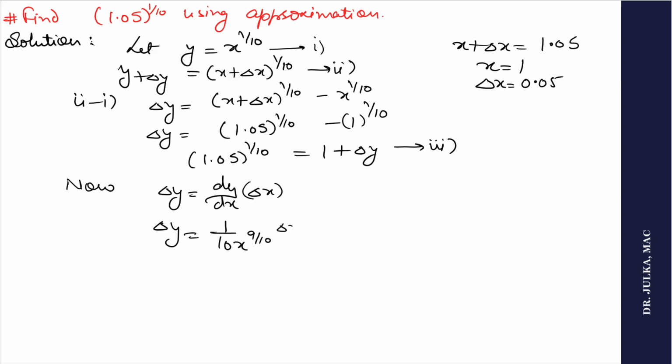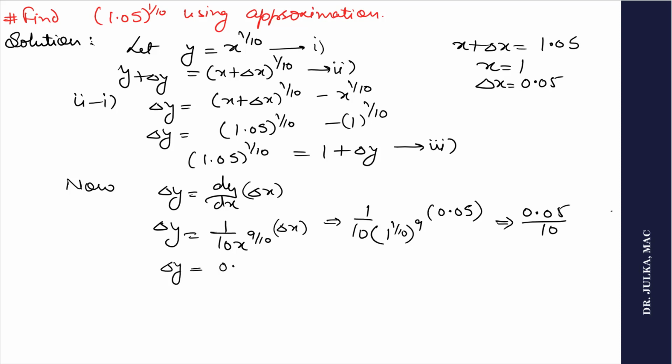We can write x to the power 9 by 10 as x to the power 1 by 10 whole raised to the power 9, and replace x by 1 and delta x by 0.05, and after calculation we will get the value of delta y is 0.005. Put delta y in third and we will get 1.05 raised to the power 1 by 10 equals 1 plus 0.005. So the answer is 1.005.